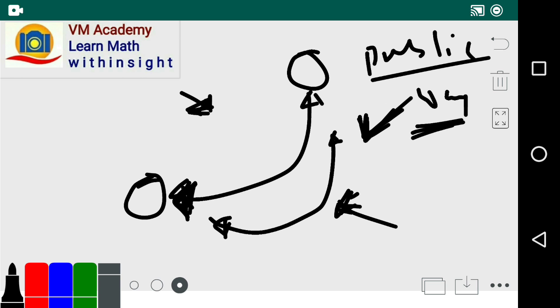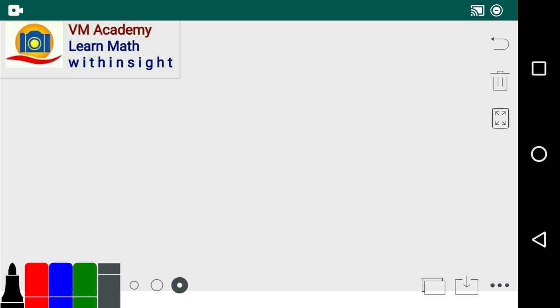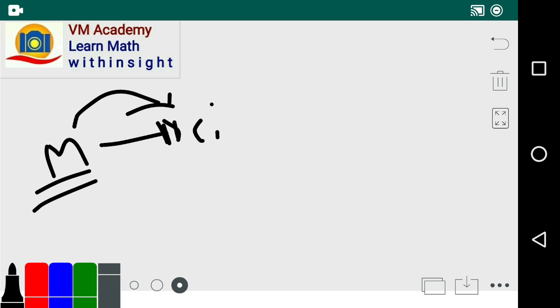The public key is given to the sender. What will the sender do? If this is the message he has to send, this is the plain text, he will encrypt it with the help of the public key.